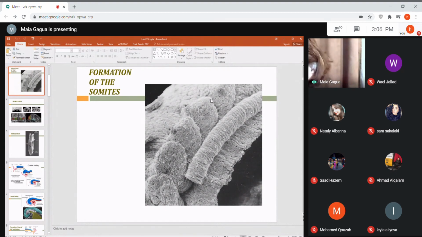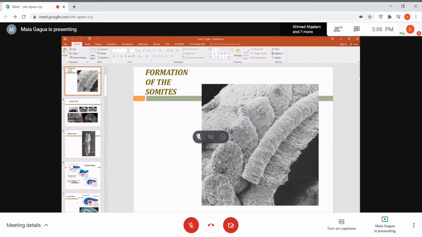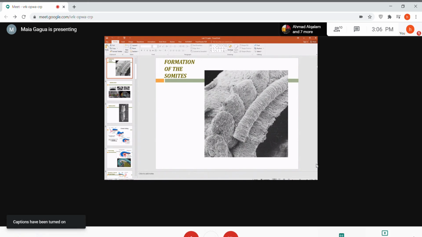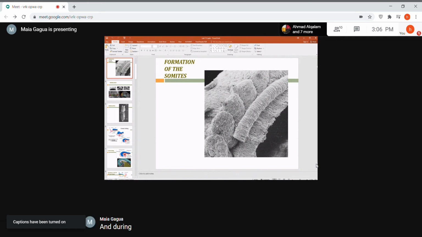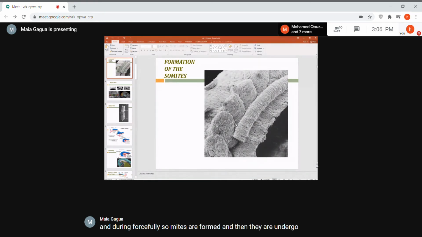But this process continues during fourth week as well. And during fourth week, somites are formed and then they undergo further differentiation.